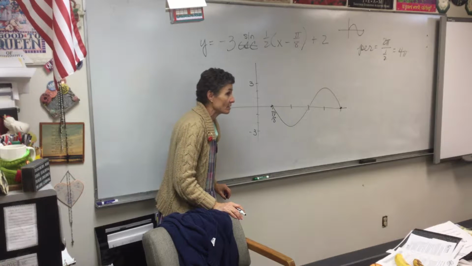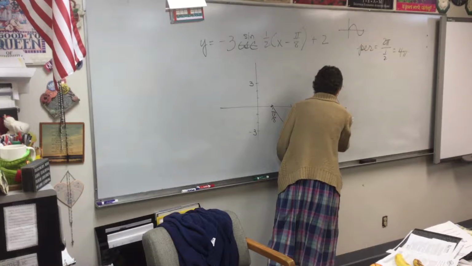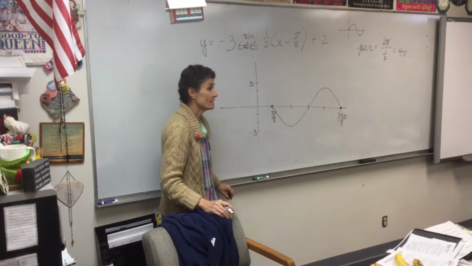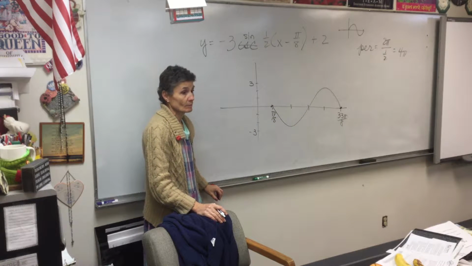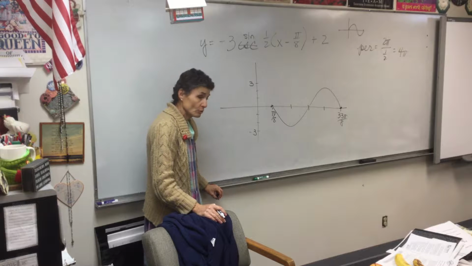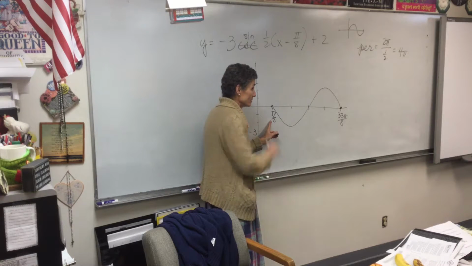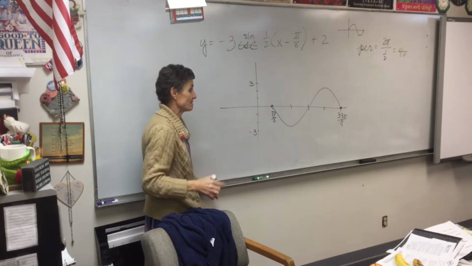4 1/8 or 33/8. I like those improper fractions, because I'm going to need it to find the rest of these points in here. Okay, so where did 33/8 come from? It's 1/8 plus 4, 4 1/8.